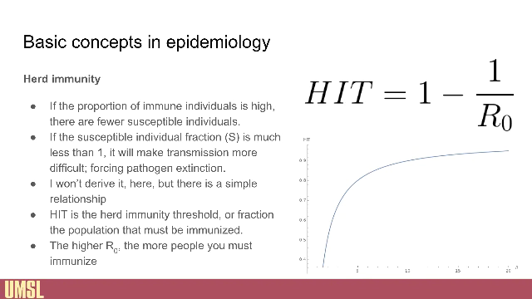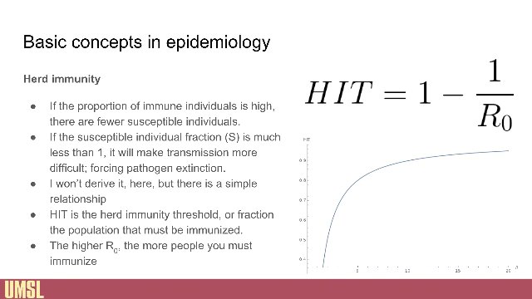Now, where does this come to bear and where is it important? Where it is most important is this idea of herd immunity. Who's heard of this term before? In what context? Vaccination. Vaccination, right? And so what vaccination has everything to do with is the size of this resistant population, okay?